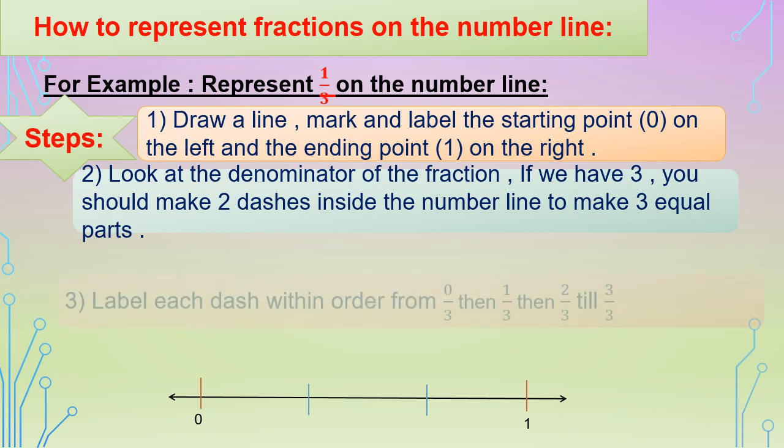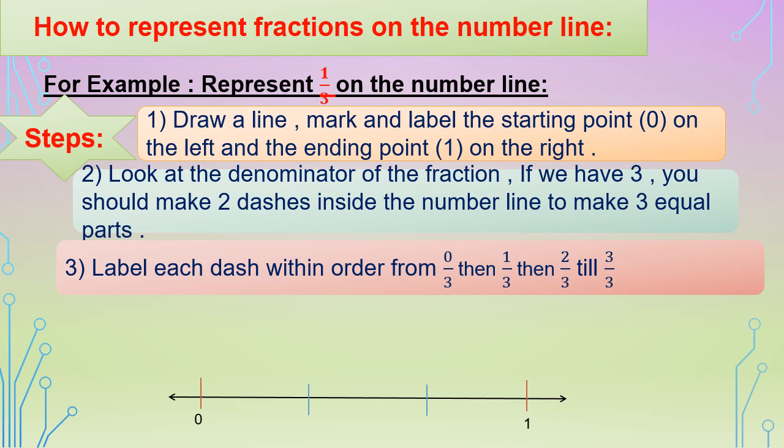Step number 3. Label each dash in order, starting from 0 over 3, like this. Convert 0 to a fraction by using the denominator 3.